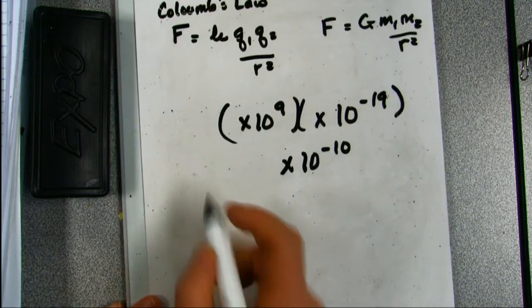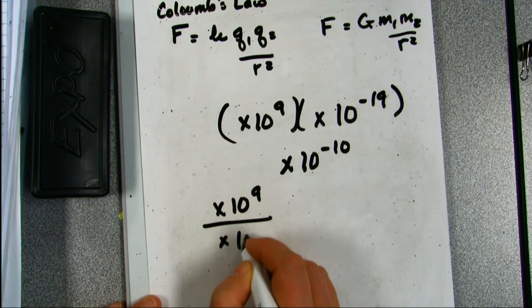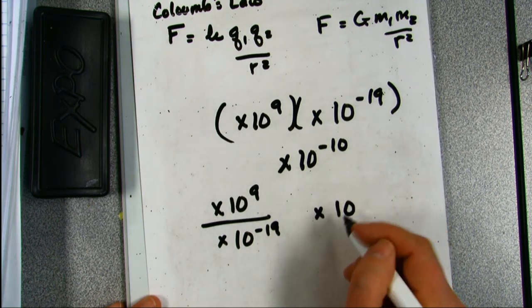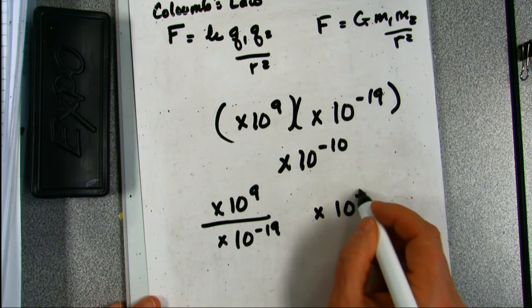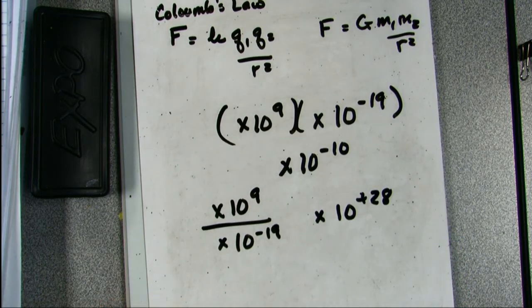Okay? If I have something that's 10 to the 9th divided by something that's 10 to the minus 19, that's going to give me something like 10 to the positive 28. You can review those in the appendix, how to work with your exponents.